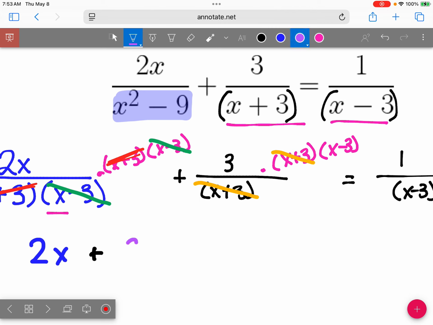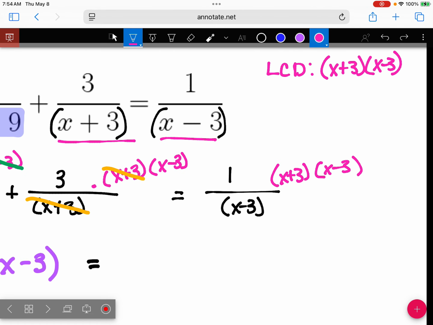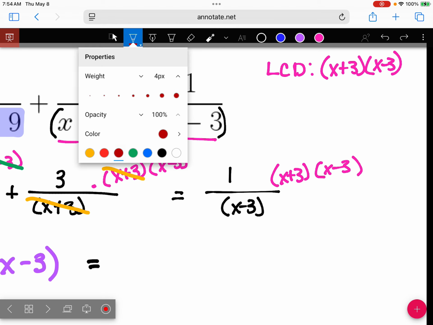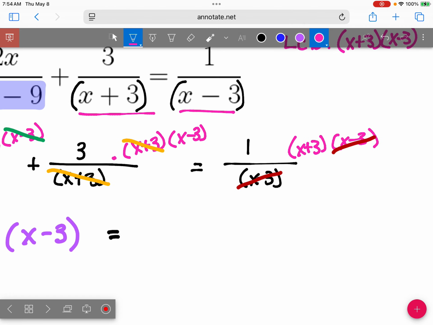And we're left with our 3, and the leftover piece was our x minus 3. And on the right-hand side, the x minus 3's cancel, and we're left with just our 1 times x plus 3.